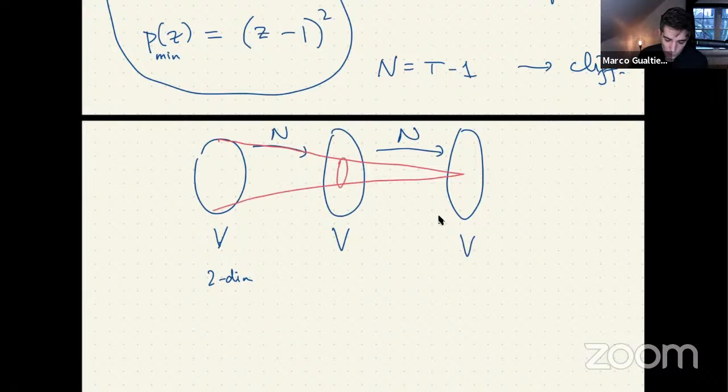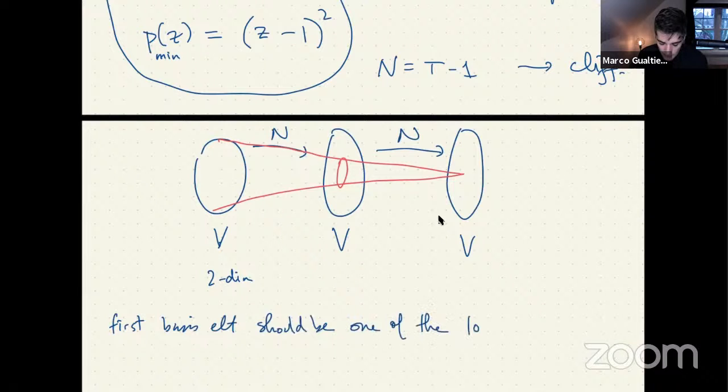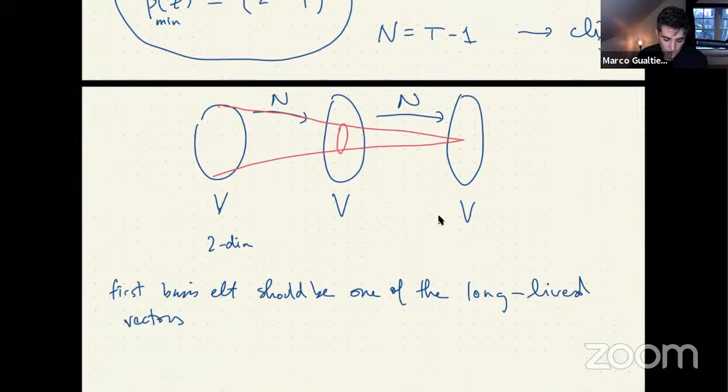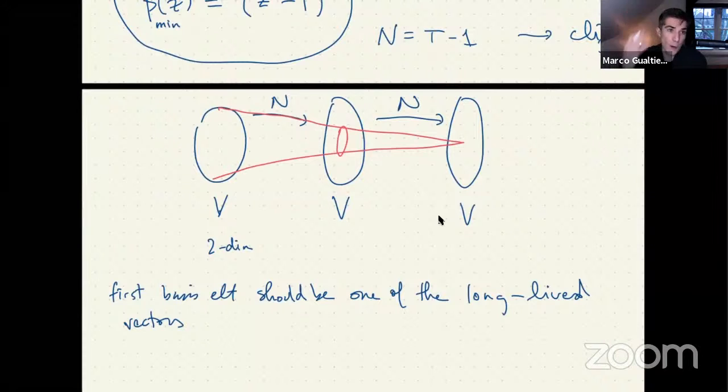Okay. So what that's going to tell me is that when I choose my basis, what I want to make sure is that the first basis element that I pick should be one of the longer lived elements. I want to pick a vector which is not in here. So the first basis element should be one of the long-lived vectors, which are sitting in the back, furthest away from the cliff.